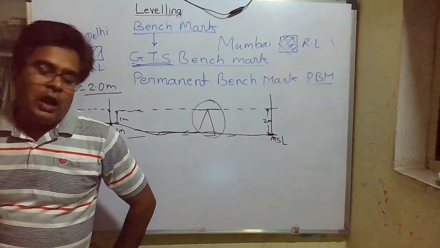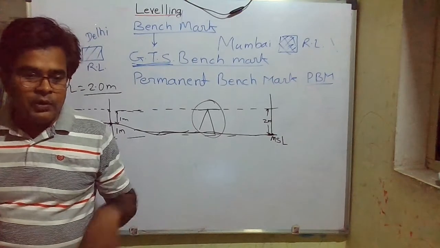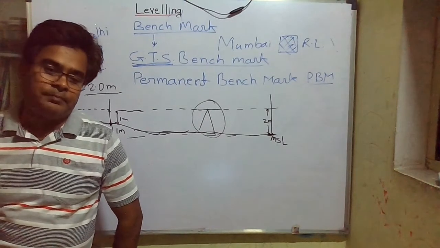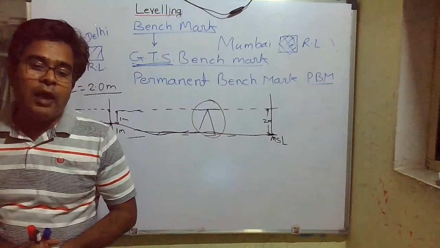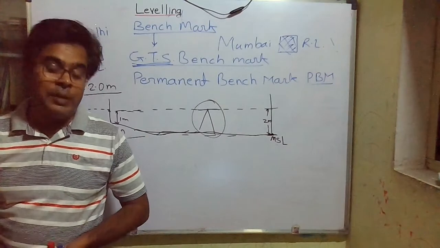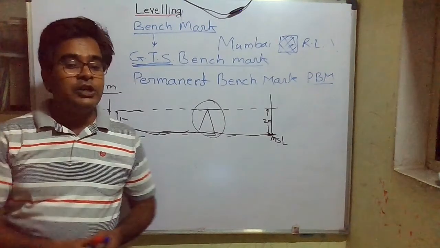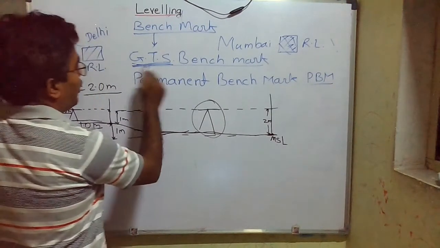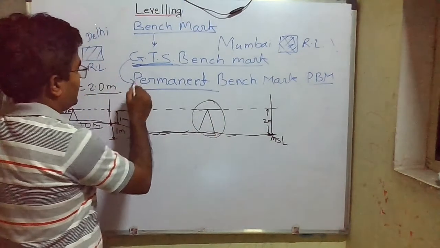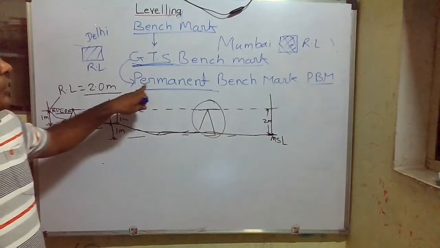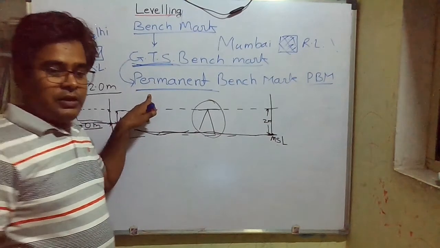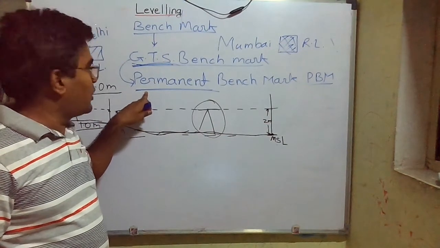They always do engineering works, and for that they need to know the RL of different points. So they have marked benchmarks for their reference by using the GTS benchmark. The reference for the permanent benchmark is the GTS benchmark. They have marked the RL at some points where they need to do work frequently.